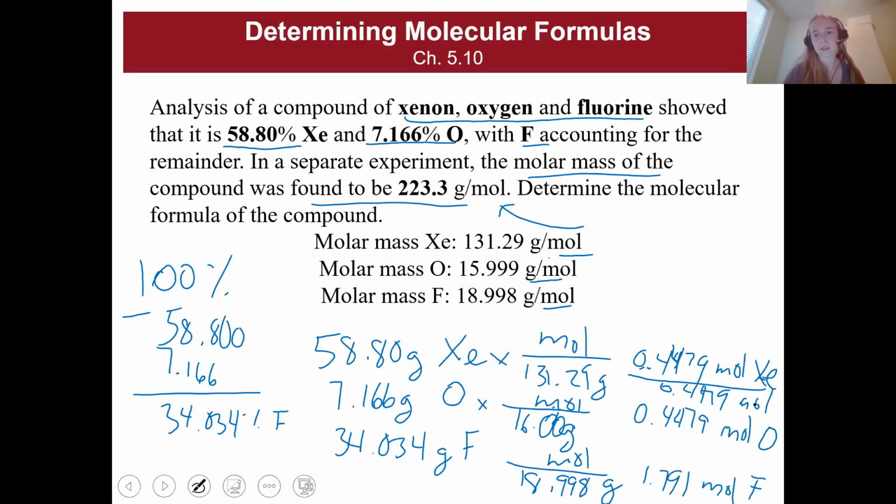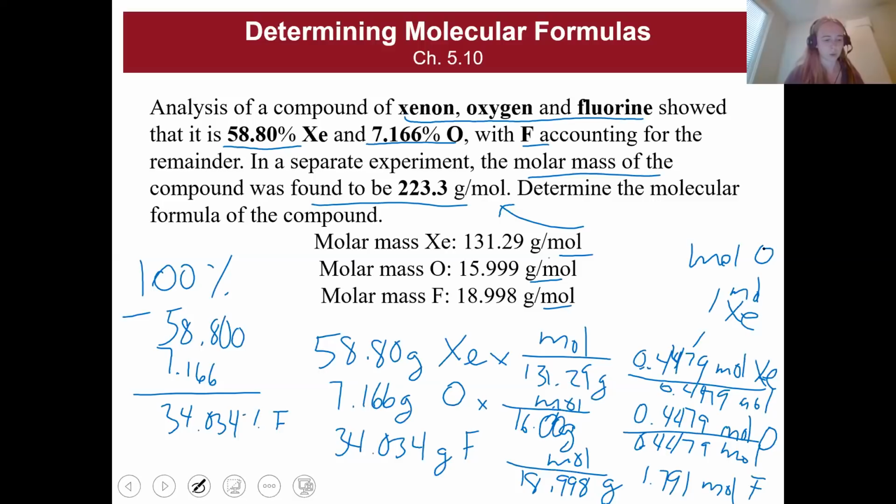That's going to give us a 1 mole ratio of xenon, and the same thing here, a 1 mole ratio of oxygen. And how many mole ratios of fluorine do we get? 1.791 divided by 0.4479.